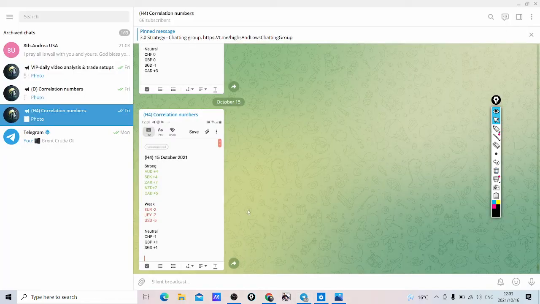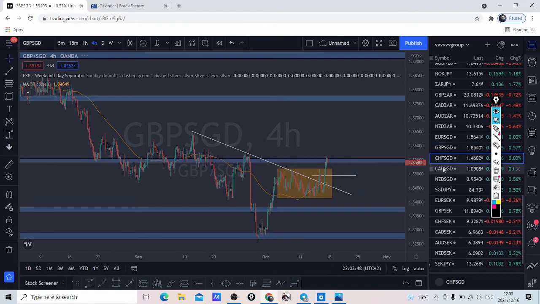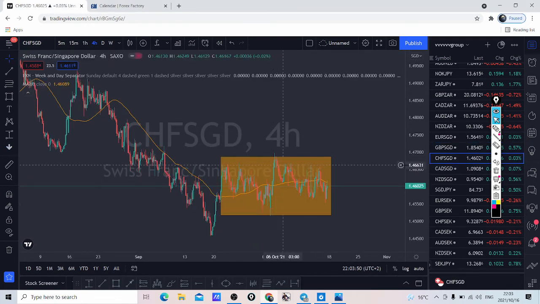So even if we see a clear breakout here, and then come back, retest, this thing is not going to go, unless GBP next week goes up to the bullish, strong group, then we'll be interested in looking for buys. Nothing interesting here.